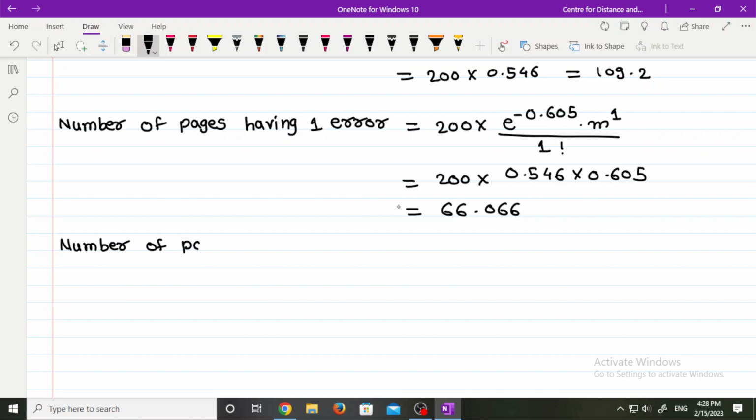Then number of pages having 2 errors, that is here the value of x is 2. So, here 200 into e raised to minus 0.605 into m square divided by 2 factorial.